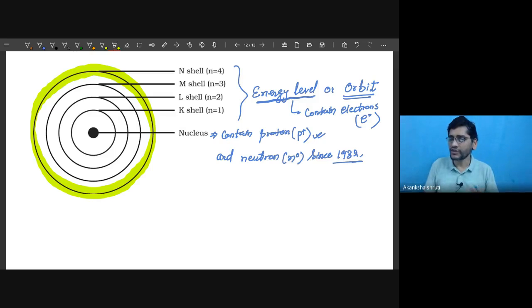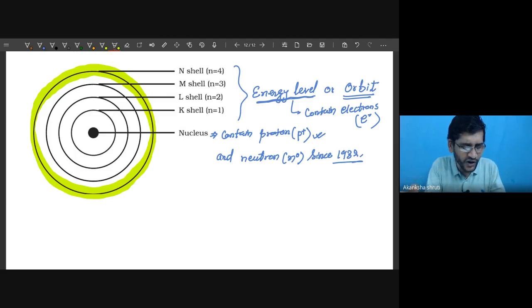This is the outer boundary, meaning this is the size of the atom, and the nucleus is just the black one. Are we getting it? The outermost orbit itself forms the outer boundary. That's why it gives different sizes to different atoms. More detail we will learn next year and in the next chapter.